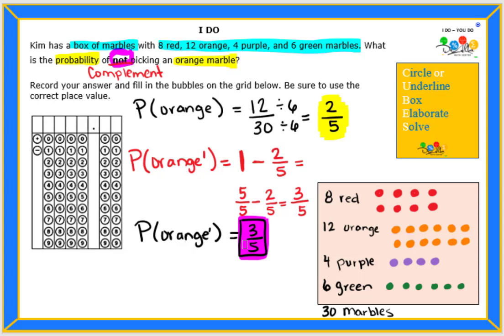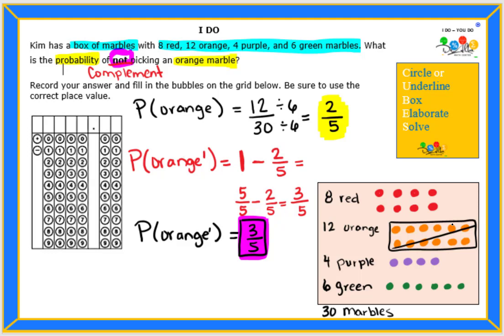Now look at the picture and see if we can come up with the same answer in a different way. So with our picture, I can see the 12 orange marbles, and we want the probability of not picking an orange marble.